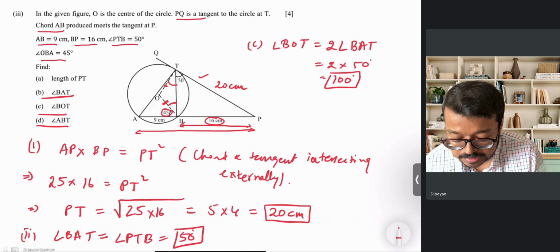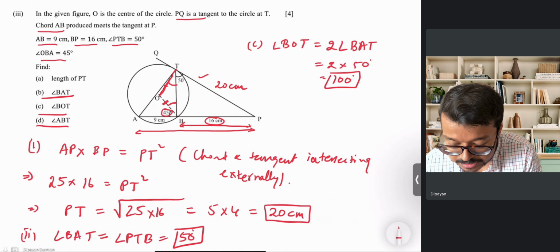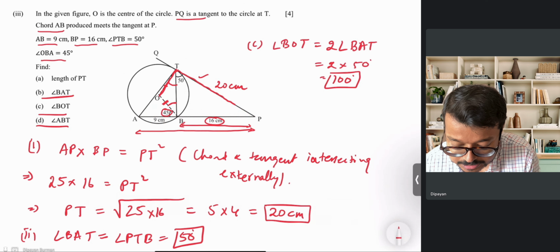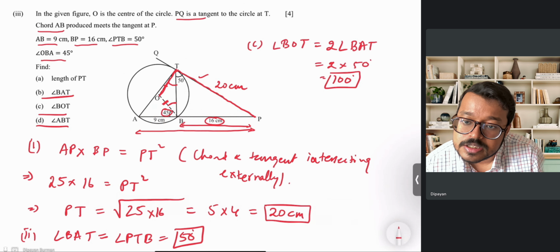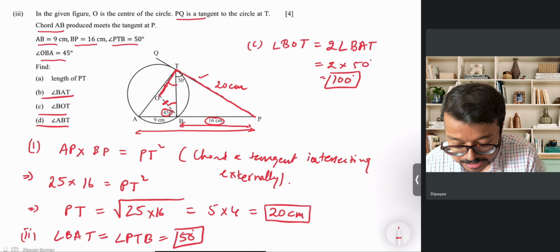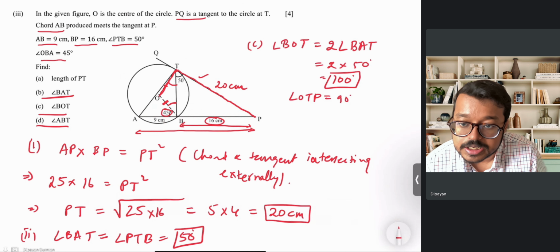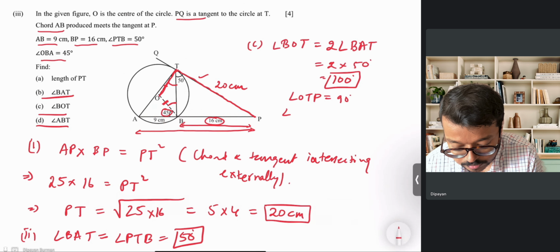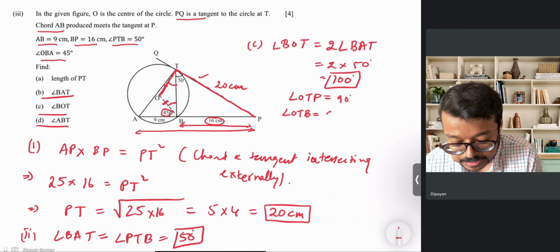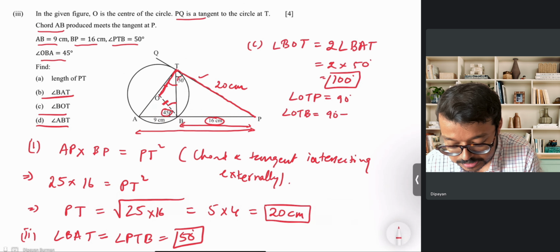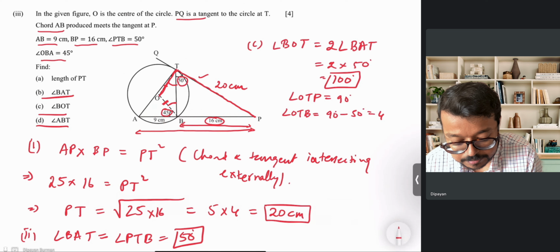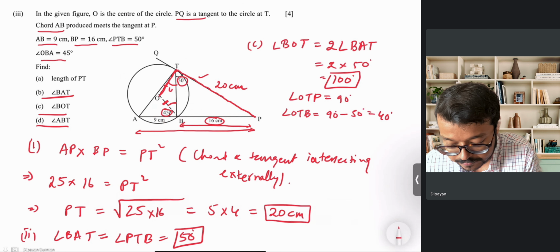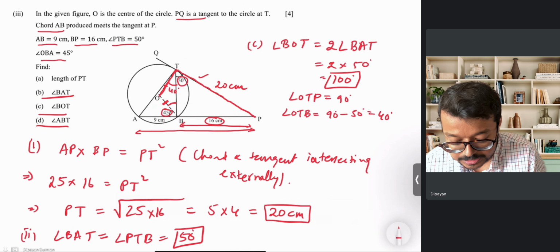Okay, and then I have OT as my radius, TP as my tangent. You know that radius and tangent are perpendicular, so angle OTP is 90 degree. Radius and tangent are perpendicular. Therefore, if I look at angle OTB, it will be the full angle OTP 90 minus this 50 degree. So it will give me 40 degrees. So I have OTB 40 degree.